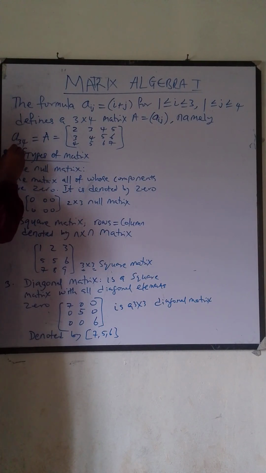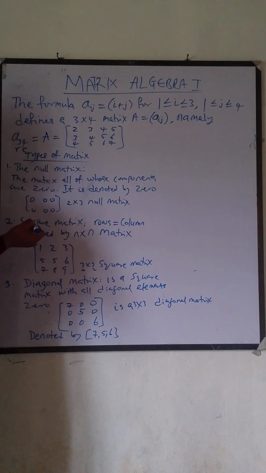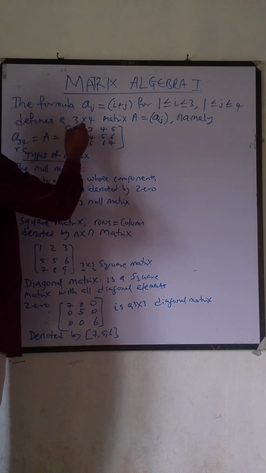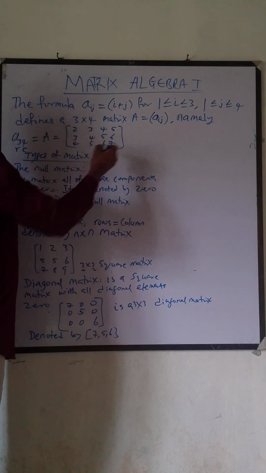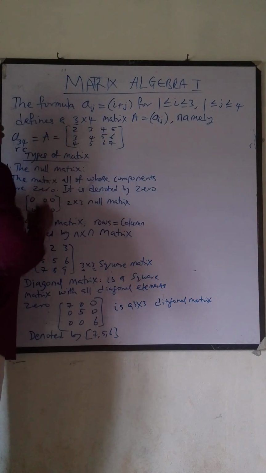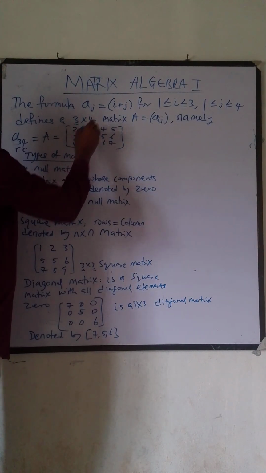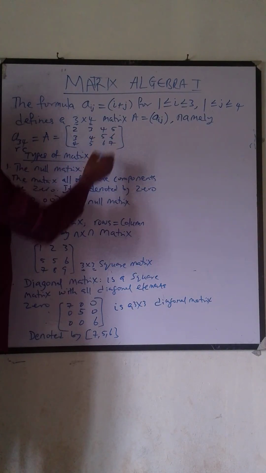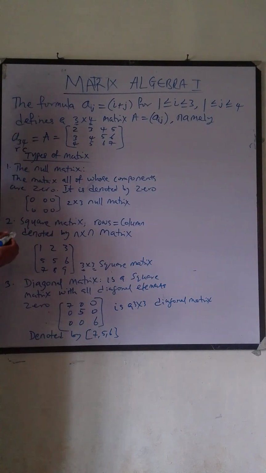That is order, row by column. That is what it's all about. So how many rows? This is the first row, the second row, the third row. That's why you have 3. Then by 4, how many columns? 1, 2, 3, 4. So it's very simple. Anybody can do it.